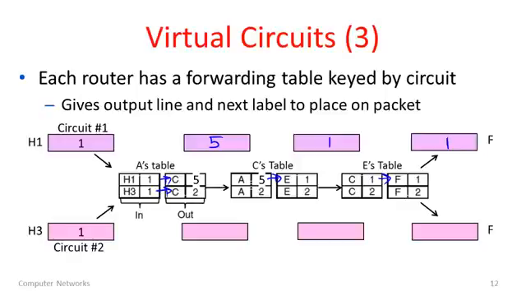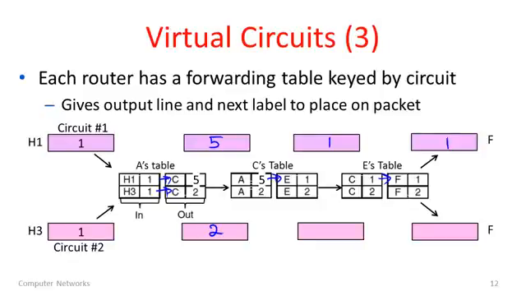Now, the traffic from host 3 comes in with circuit identifier 1 to A. A has different input lines for host 1 and host 3, so it knows which one is which. When it gets circuit identifier 1 in from host 3, its instructions in its table here, and this is just one example, you could construct many different tables, are to send this packet onwards to C with circuit identifier 2. So it would change the 1 to a 2, send it on to C.